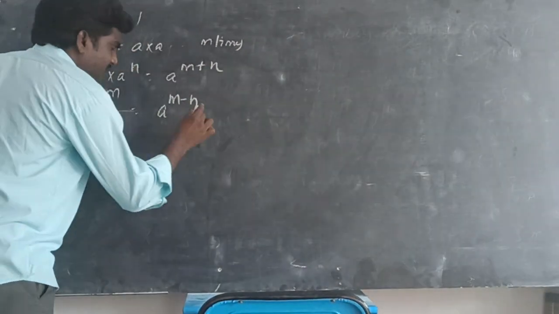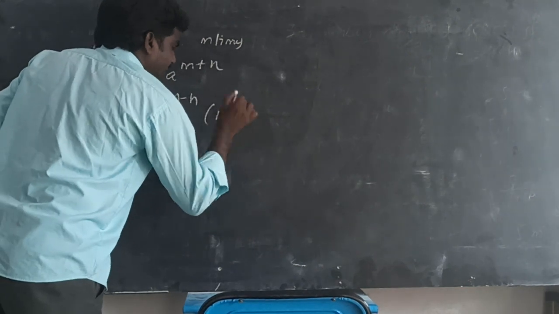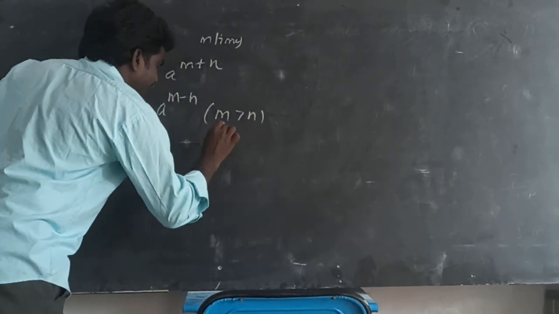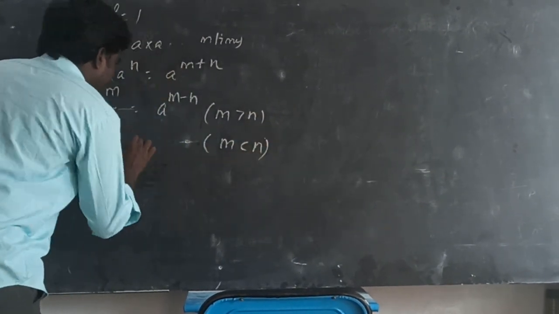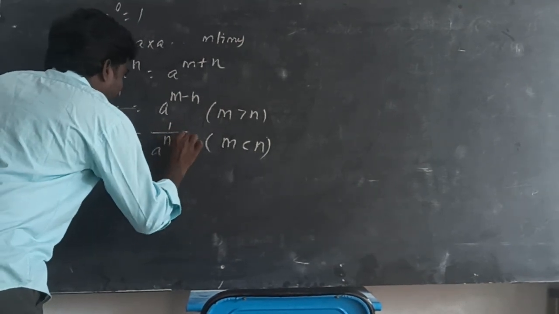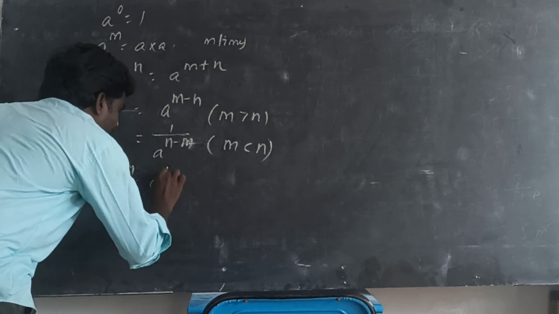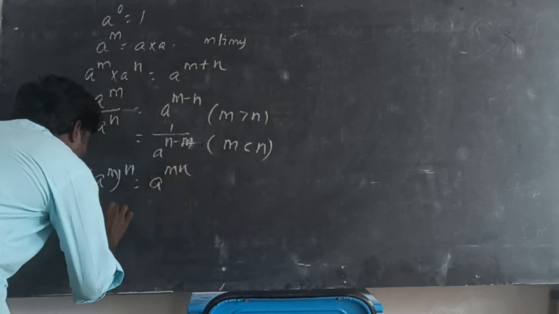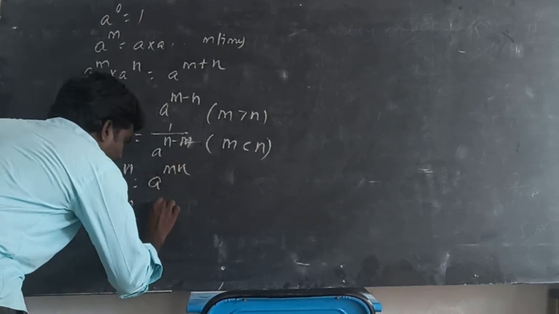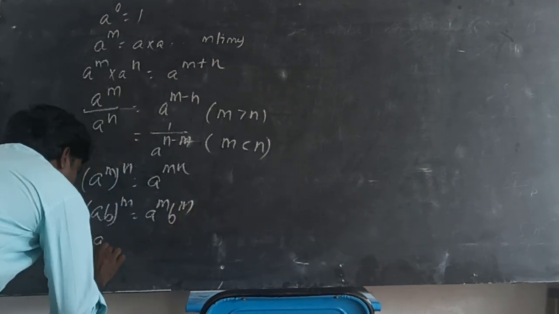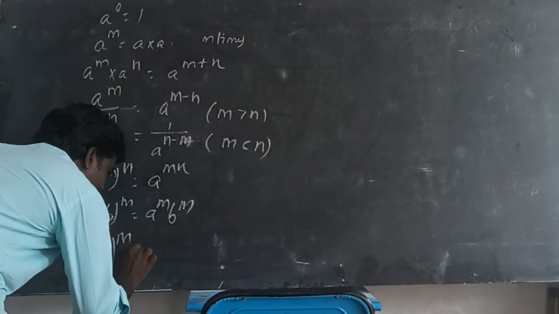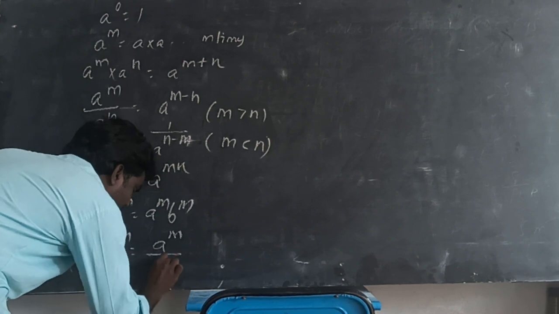Here there are conditions: m is greater than n, and next, m is less than n, where the result is 1 by a power n minus m. Next, a power m whole power n is equal to a power m into n. ab whole power m is equal to a power m into b power m. A by b whole power m is equal to a power m by b power m.